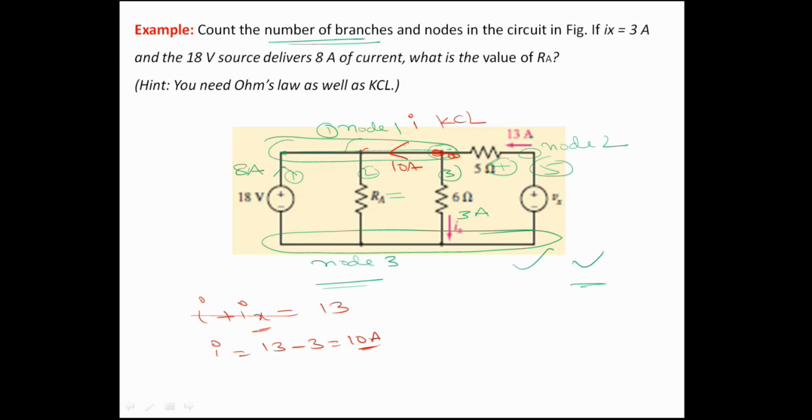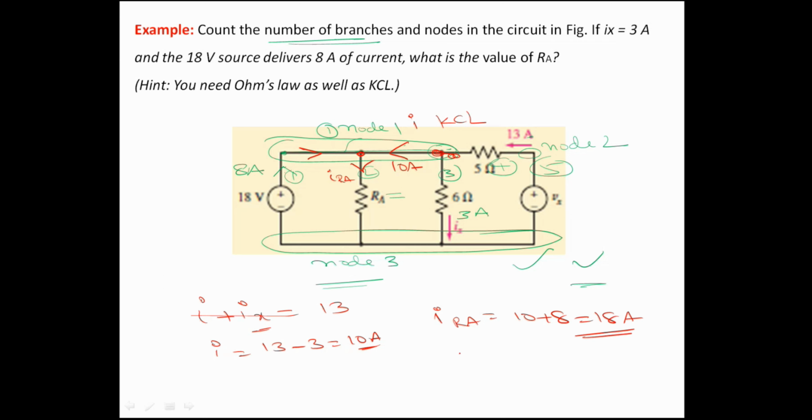And if 10 amperes of current is entering at this node, and 8 amperes is coming from here, and I assume the current in this one is IRA, then IRA is leaving and both are entering. Therefore, 10 plus 8, which is equal to 18 amperes of current.